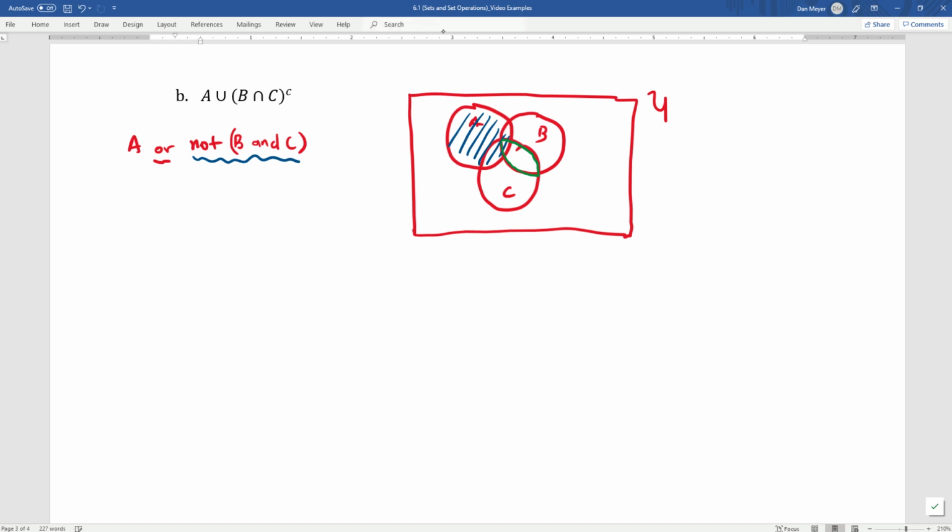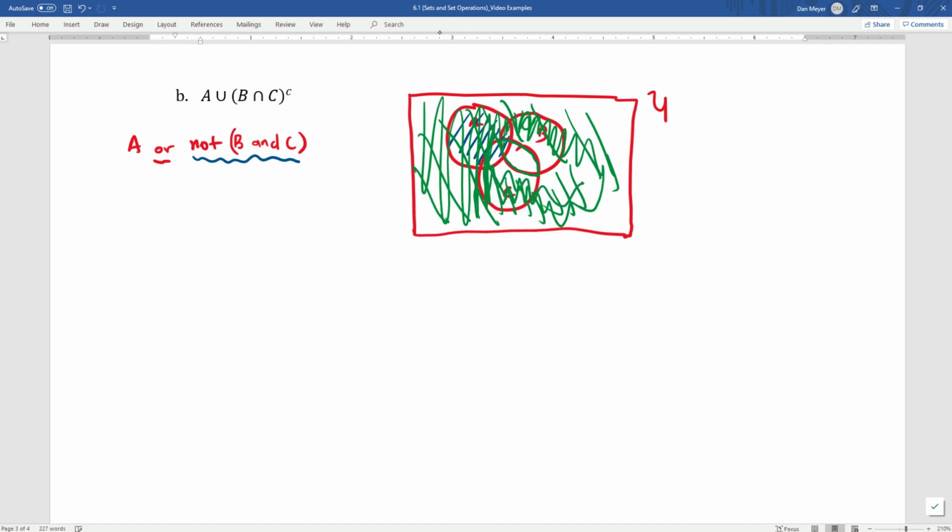So not B and C would be outside the green football. So basically, if we were to shade in everything but that kind of lower right-hand part of that green football, that would be this set.